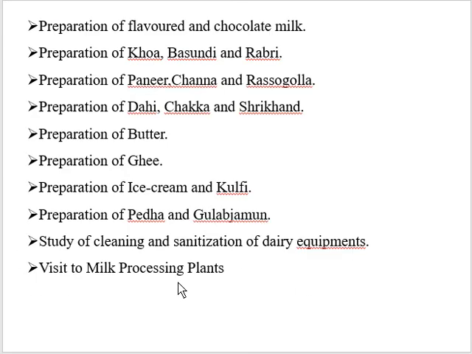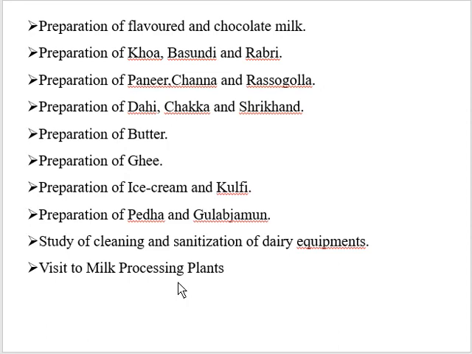Then preparation of flavored and chocolate milk. Then preparation of khawa, basundi and rabri, which come under the category of heat desiccated milk products. Then preparation of paneer, channa and rasgulla.